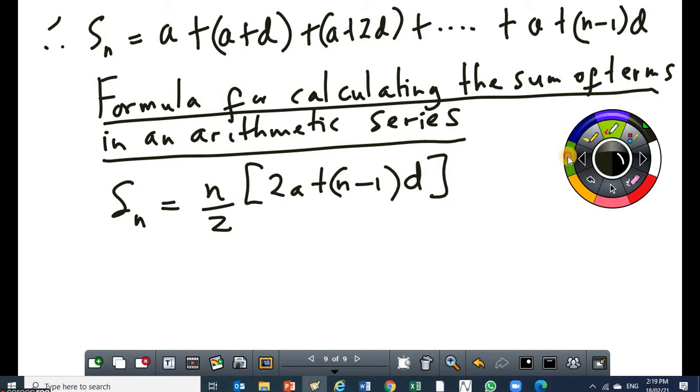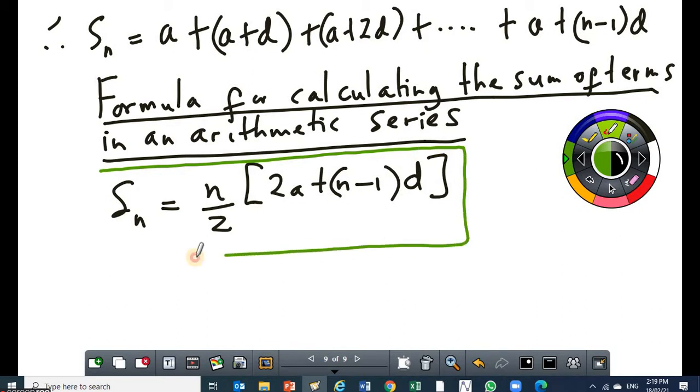That's the formula. If you've been going over your stuff, probably you've seen this formula before. So that's the formula for the sum of terms in an arithmetic series. If you want to know the total after adding them, you can use that formula. It makes it easier if you've got lots of terms.